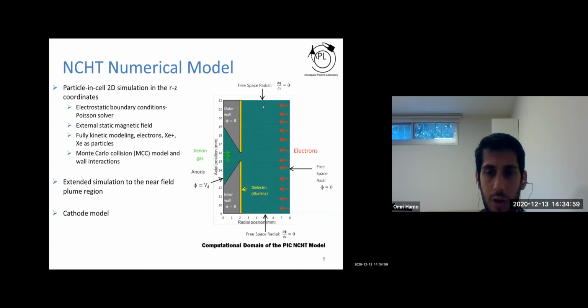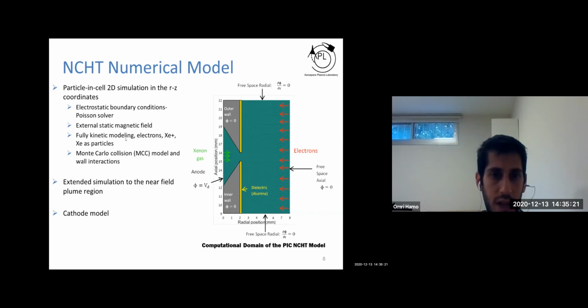In the radial direction, we have far-field boundary conditions, meaning there is no change in this direction. And we're also modeling the electric alumina layer outside the thruster, preventing the electrons from going straight to the metal walls and actually forcing them to go inside the channel. So this is the model.